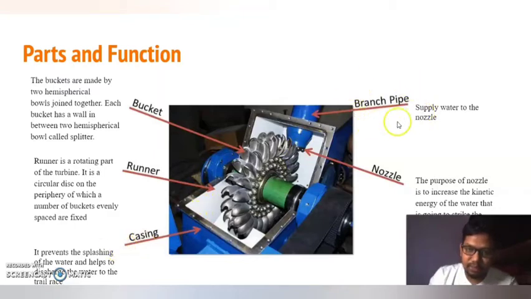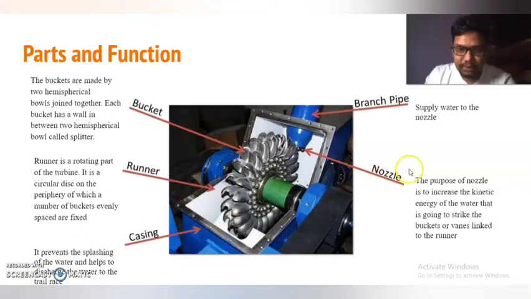The branch pipe is to supply water to the nozzle. The last part is the nozzle. The purpose of the nozzle is to increase the kinetic energy of the water that is going to strike the buckets or vanes linked to the runner. There is a spear in the nozzle to regulate the flow of the water.